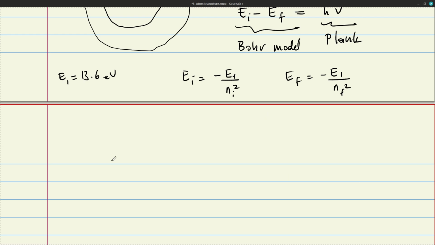And from this accounting, E initial minus E final is going to be E1 times 1 over N final squared minus 1 over N initial squared, equal to h nu.